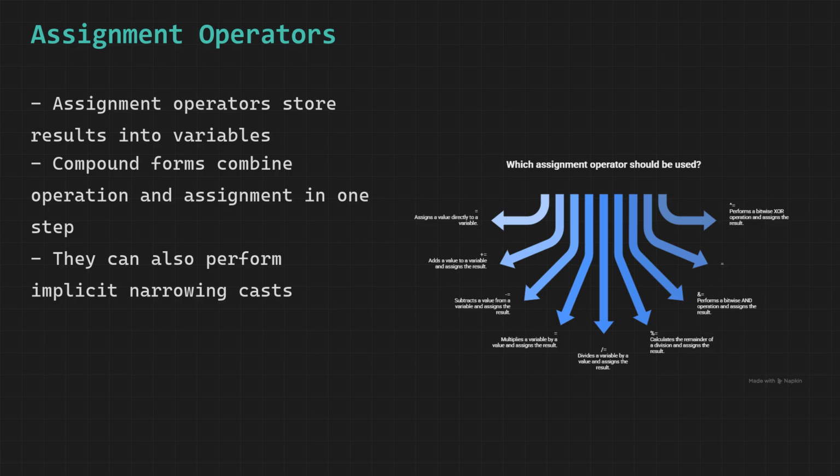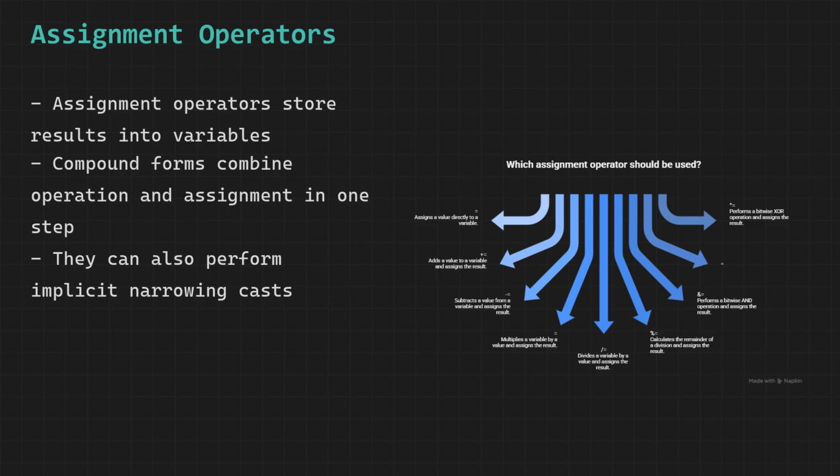The compound operator += handles this cast automatically behind the scenes. This is why compound operators are not just shorthand. They have slightly different behavior from their expanded equivalents when smaller data types are involved.